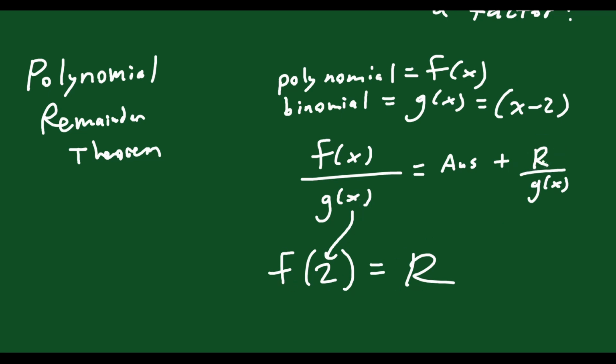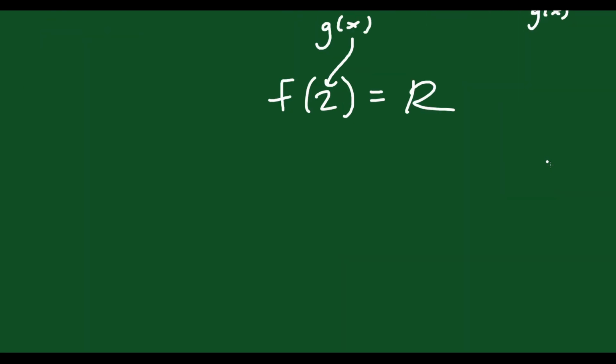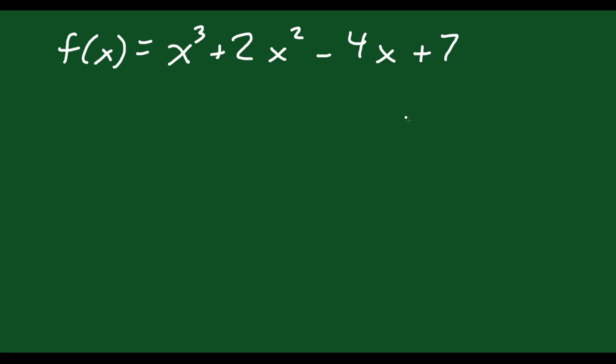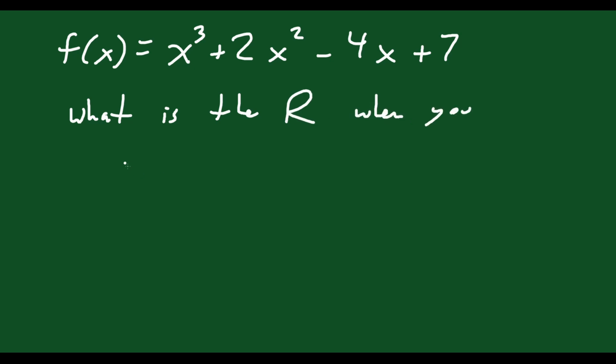So if you just had to find the remainder, you don't care about anything else, you could use the polynomial remainder theorem. Now, if that's confusing, let's do an example. Let's say you have f of x equals x cubed plus 2x squared minus 4x plus 7. And you're asked, what is the remainder when you divide by x minus 1?